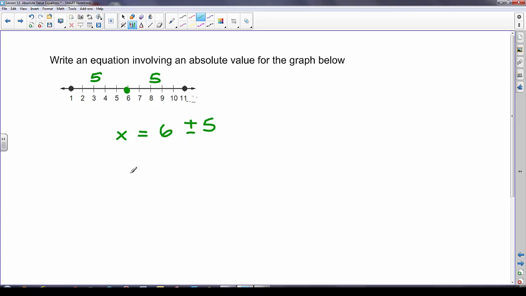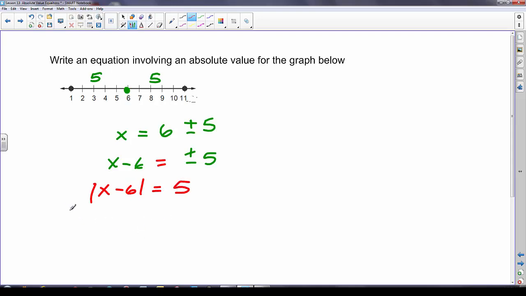And if I back that up, I have x minus 6 is equal to plus or minus 5, and that plus or minus meant that I have an absolute value. So I have x minus 6 in absolute value is going to equal 5.